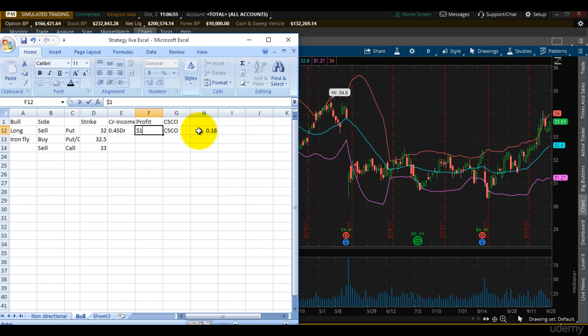Why am I saying multiply it by 100 shares? Because one option contract is equal to 100 shares. Number two, why did we deduct 33 and this 45 cents from the closing price? Because at the end of the day, on expiry, this call will act as your buy.